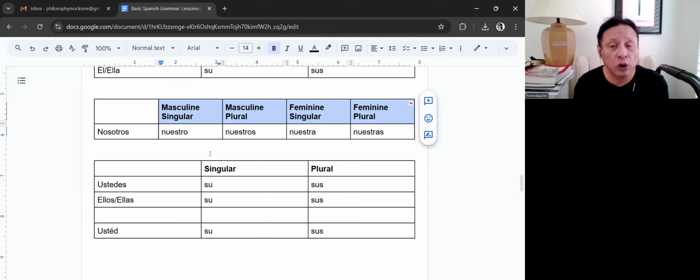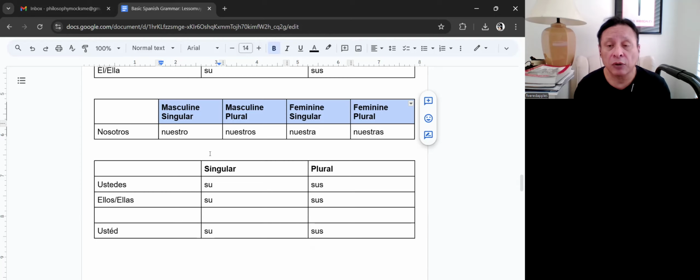Nuestra, feminine singular, hermana, feminine singular: nuestra hermana. Nuestras, feminine plural, hermanas, feminine plural: nuestras hermanas. It has to agree in gender and number with the noun that it's modifying.